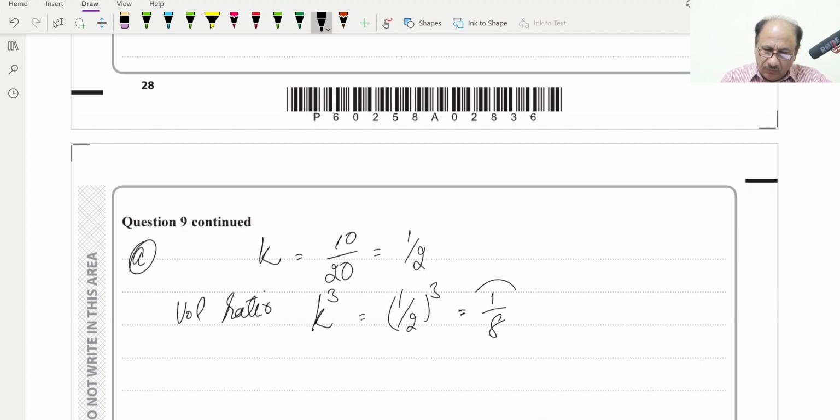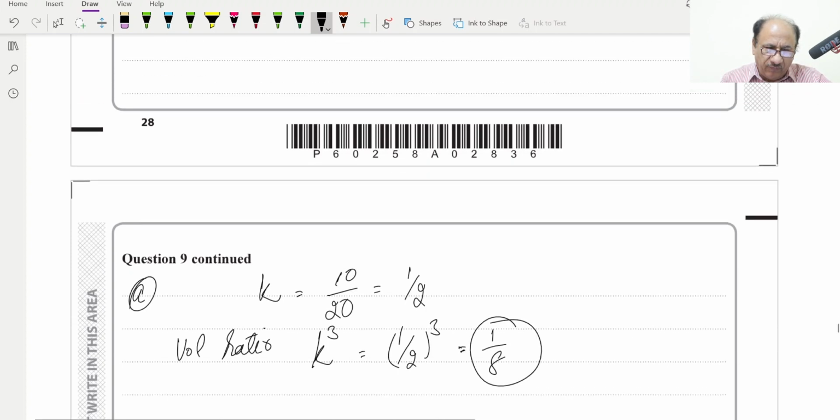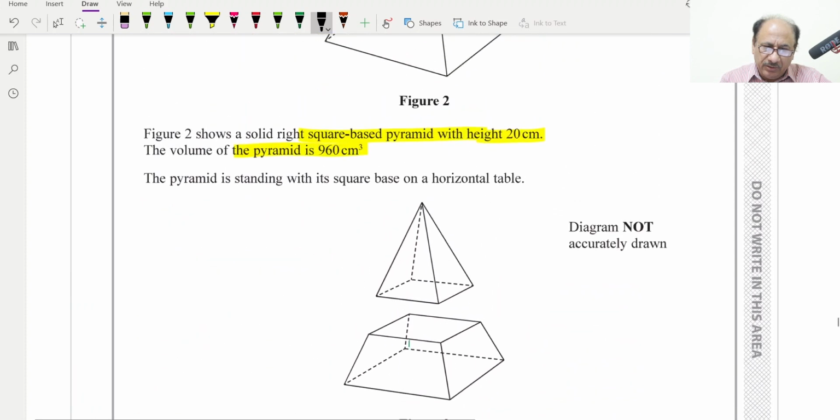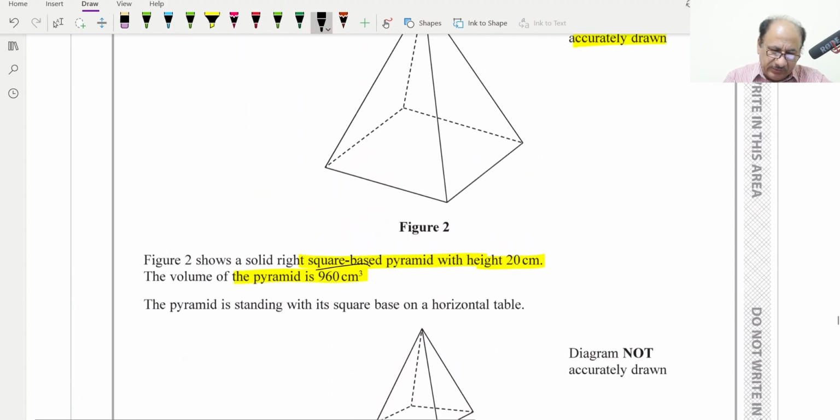Now this is our volume ratio, and the volume of the bigger pyramid is provided as 960.